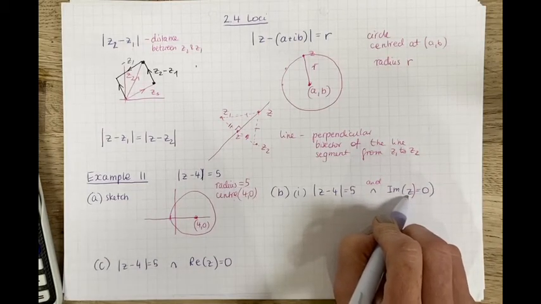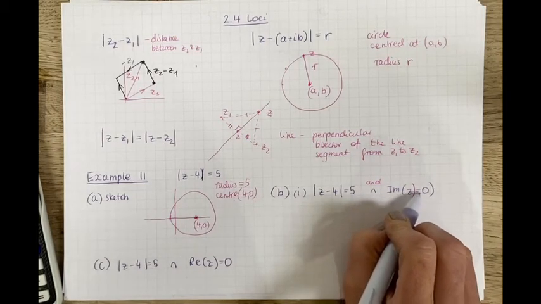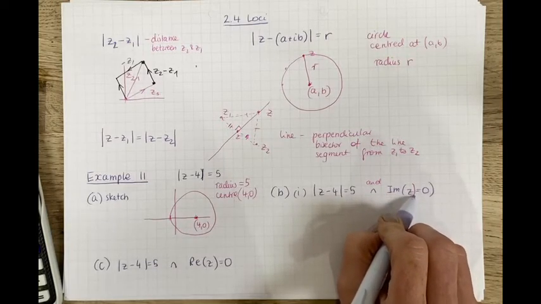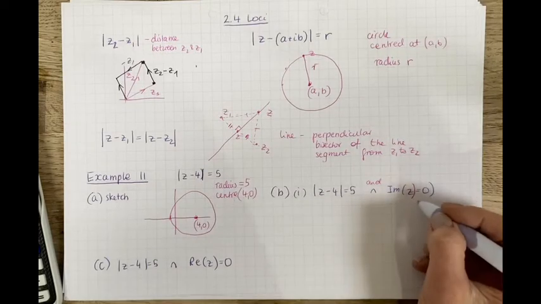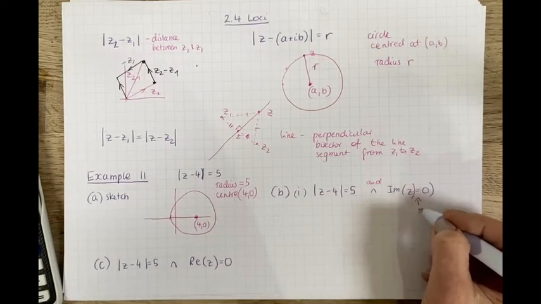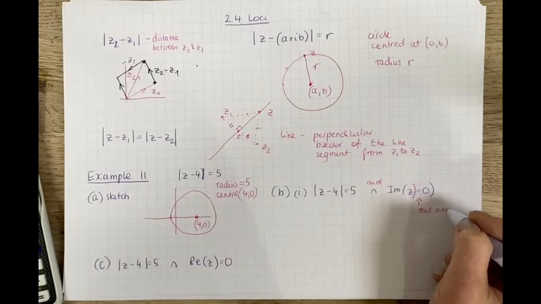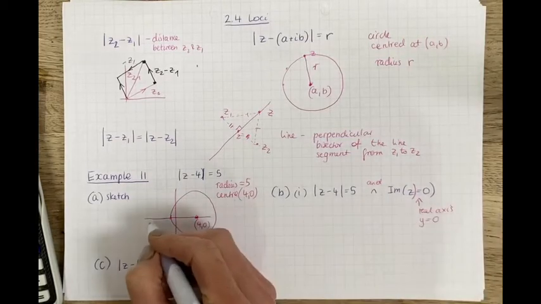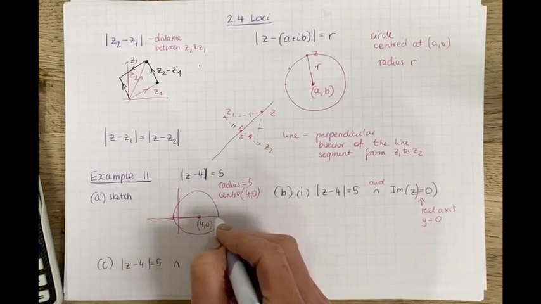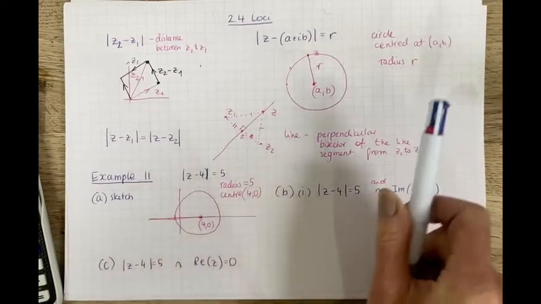The imaginary part of all the complex numbers will be equal to 0. So when do we have all the numbers with imaginary part equal to 0? Well, these numbers are on the real axis. The equation of that axis is y equals 0. So these are all the points on the real axis.